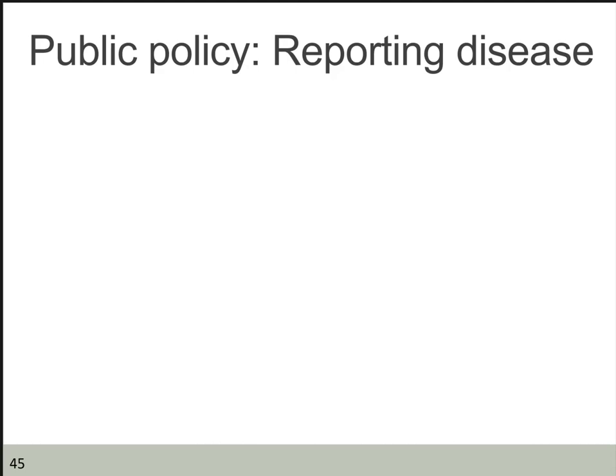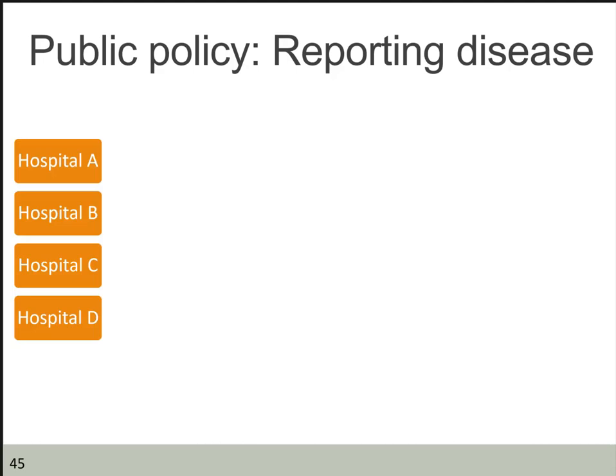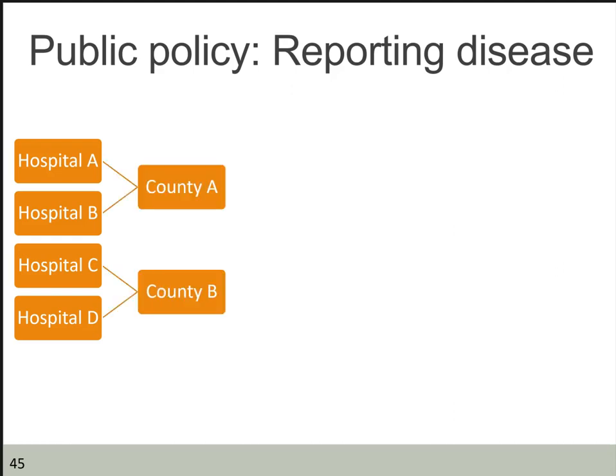One of the public policies is the reporting of the disease, and this is a hierarchy of where to report. So for example, let's say that there are 4 hospitals that all happen to have an outbreak of a particular disease. Each of these hospitals reports to a single county. In Alaska, we don't have counties, so each individual hospital reports to the state directly.